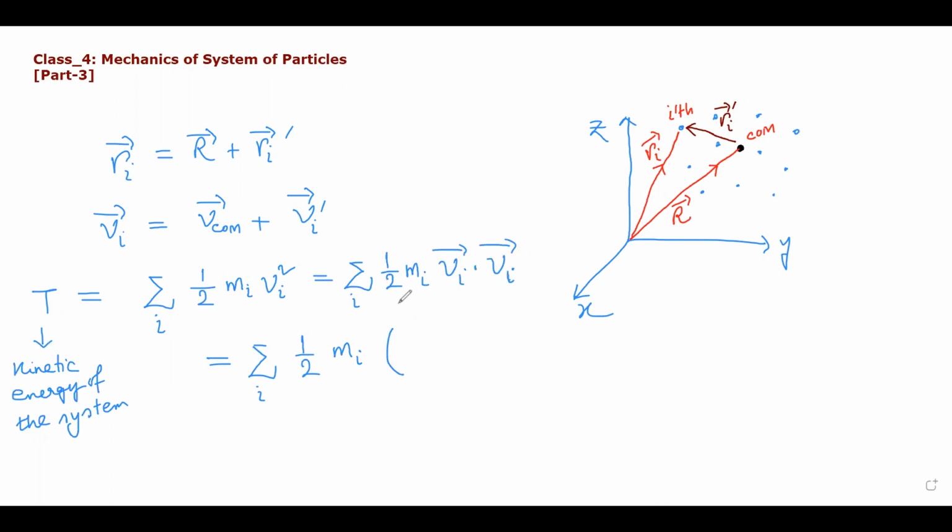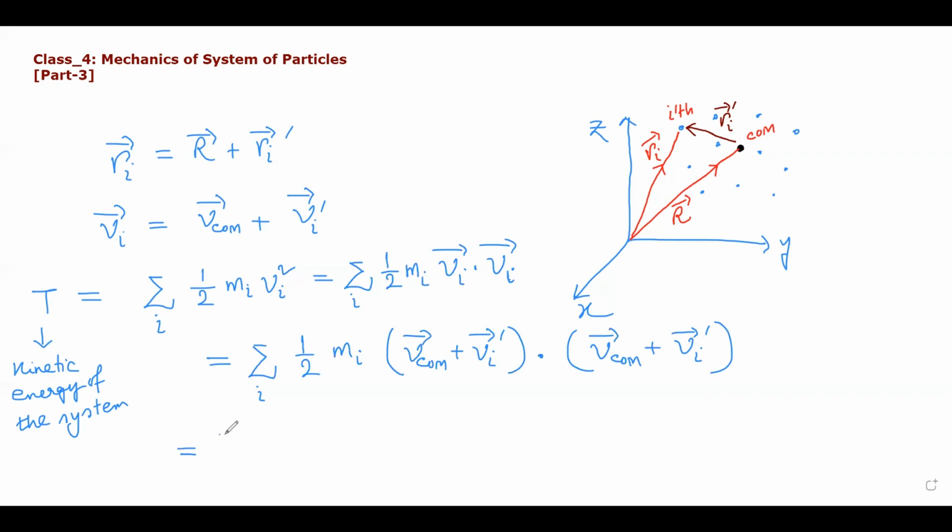We just replace this Vi with this term. Then we will get the sum over i of half mi, (VCOM plus Vi dash) dot (VCOM plus Vi dash).